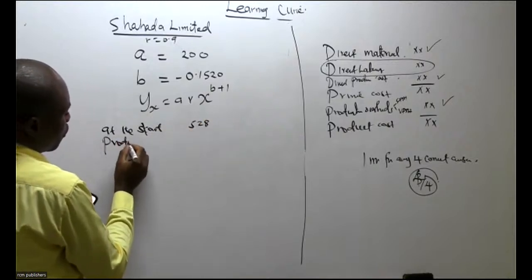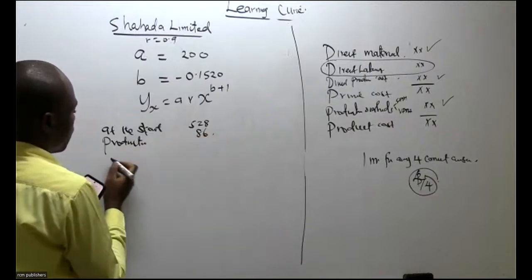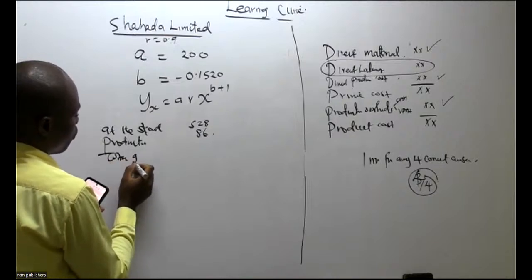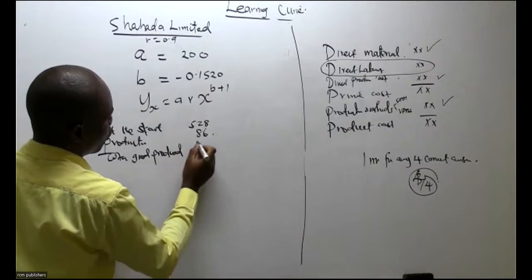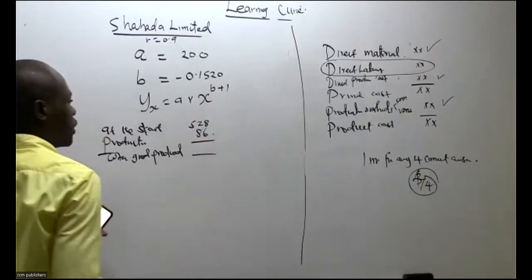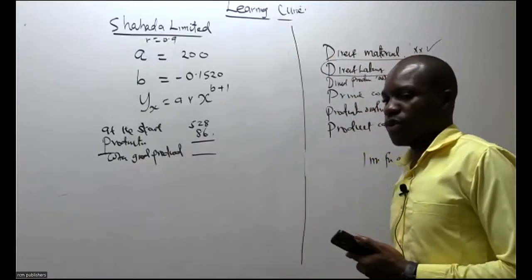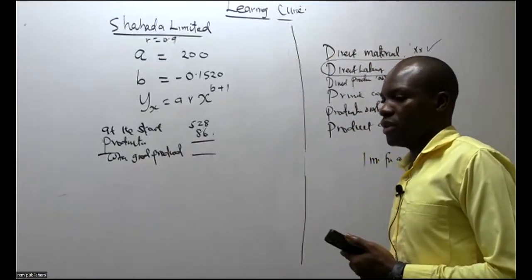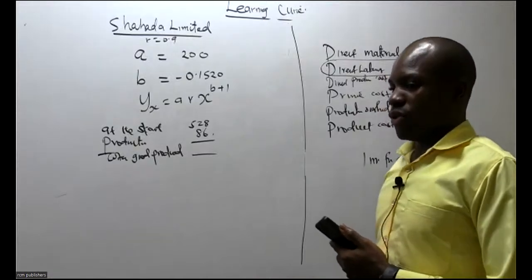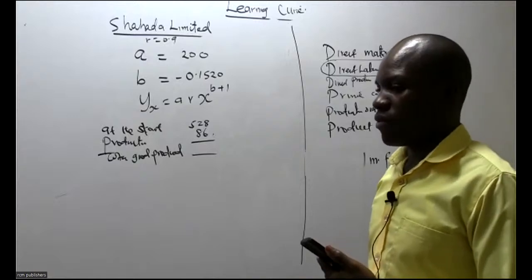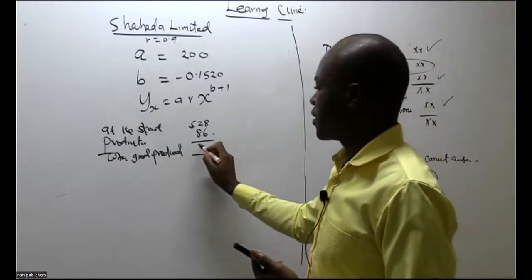Production during the period, we have 86. Total goods produced so far will be equivalent to how many units? If we add them, 614.